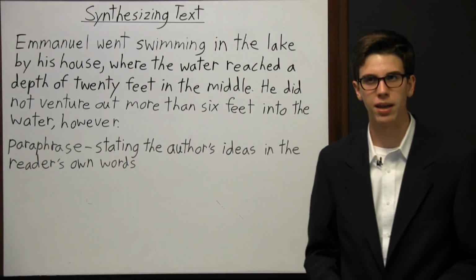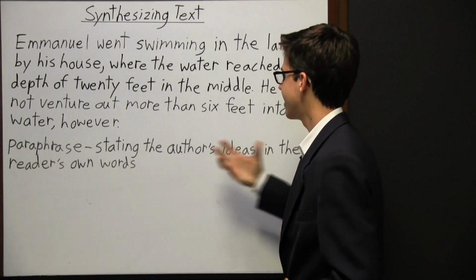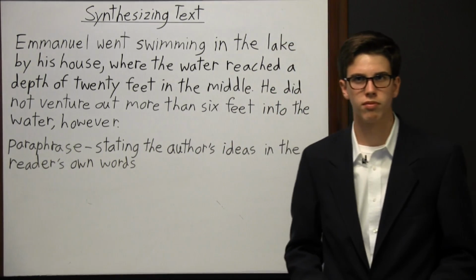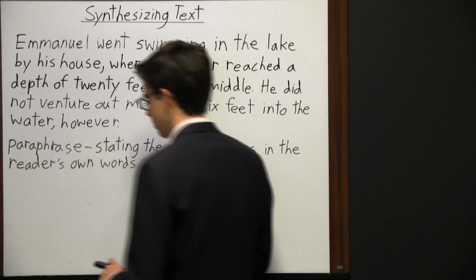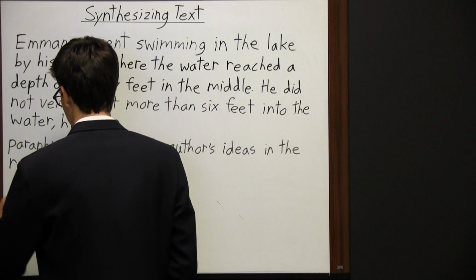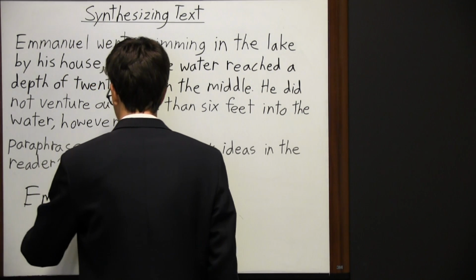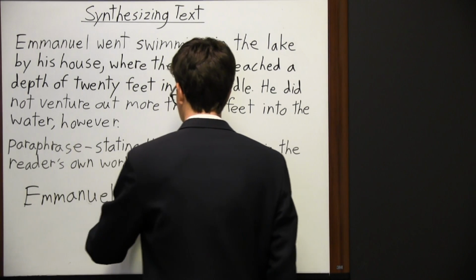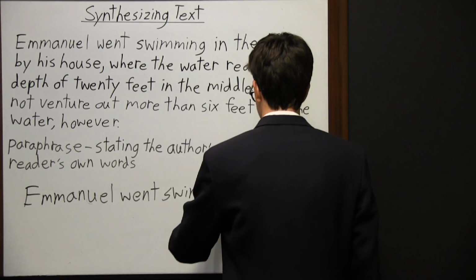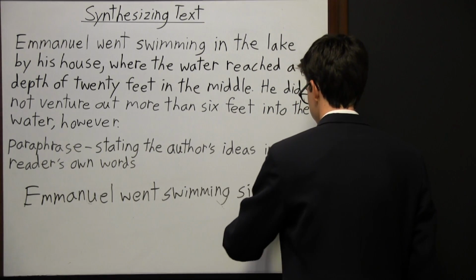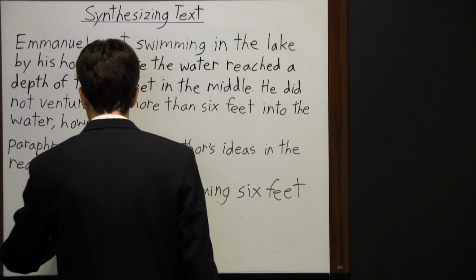So we want to focus on the main points here to kind of summarize it, but in other words, just take a couple sentences and state it in our own words. And so in this case, a good paraphrase would be: Emmanuel went swimming 6 feet out in the lake by his house.